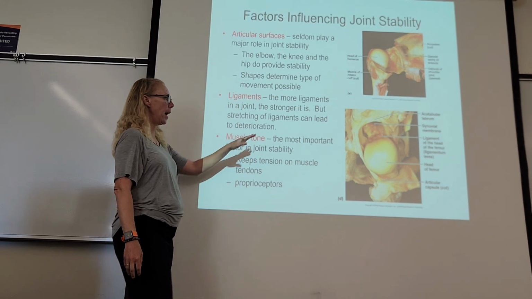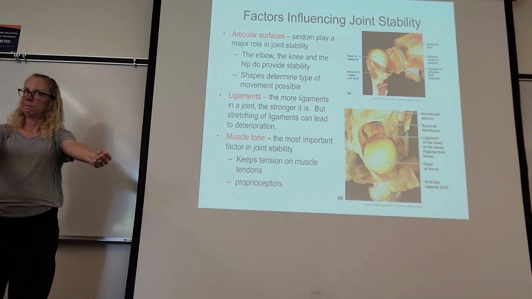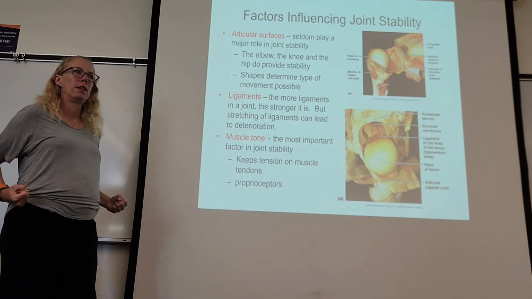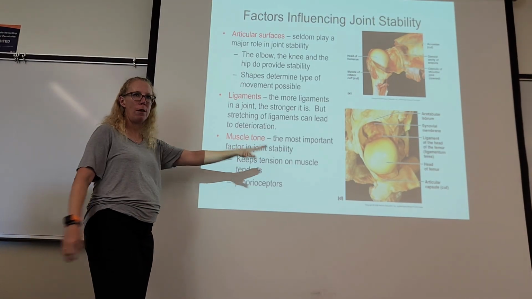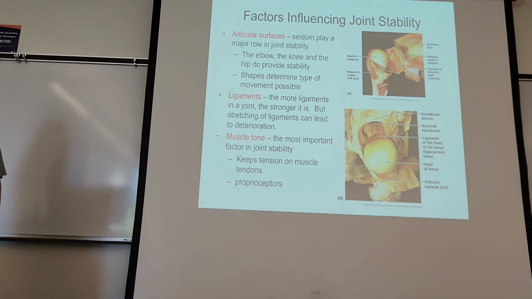And then the last is muscle tone. This is what keeps me in business. Muscle tone is the most important factor in joint stability. Everybody has some sort of weakness. Nobody is perfectly strong. Nobody.